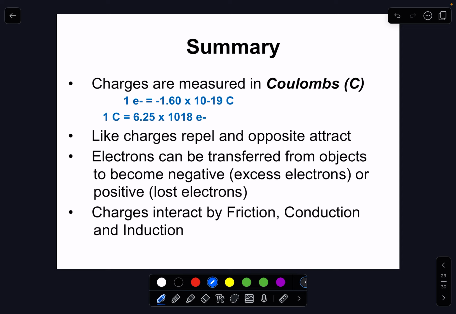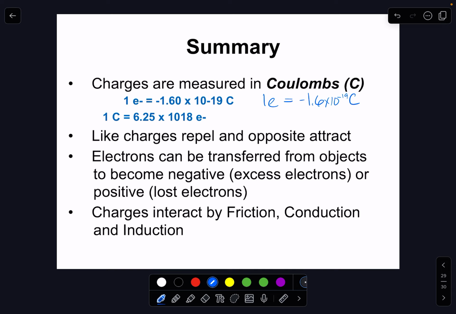And then our little summary here, just to wrap things up. So we have charges, they're positives and negatives coming from the protons and electrons, and they are measured in coulombs. All right, again, 1 electron is equivalent to 1.6 times 10 to the negative 19 coulombs. Please keep that for your reference. You will need that number throughout the semester.